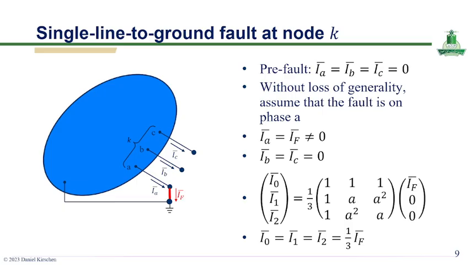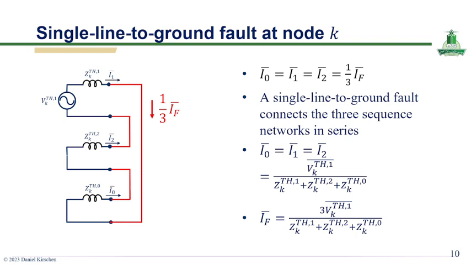This is a key result highlighting that, unlike balanced faults, a single line to ground fault involves all three sequence networks equally. Therefore, in fault analysis, the zero, positive, and negative sequence networks must be connected in series to accurately determine the fault current and system response.